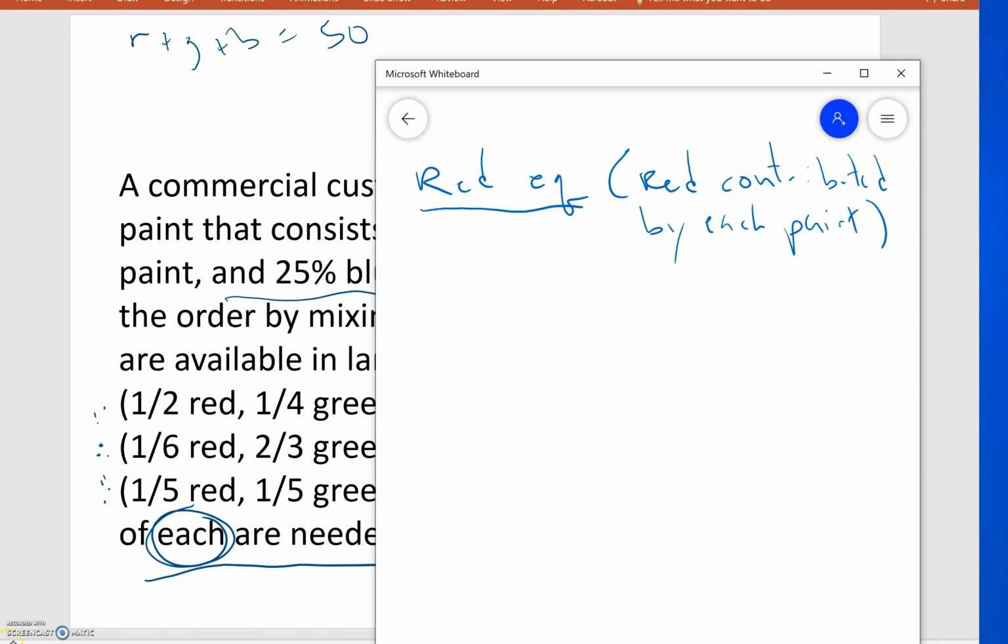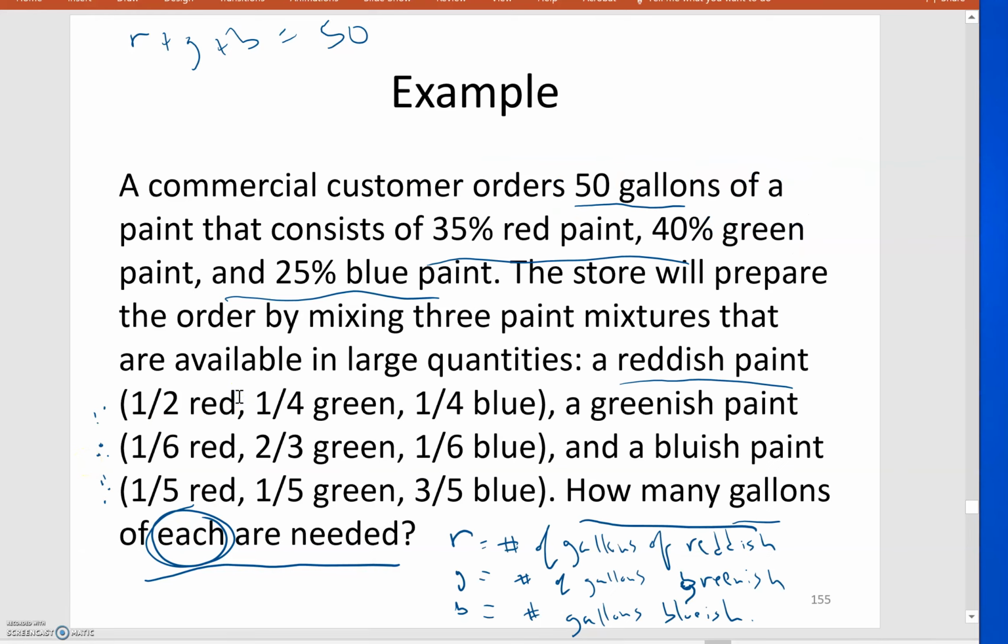When I say each paint, I mean there is red in all of these mixtures. So let me go back to this problem. The greenish has red in it, the bluish has red in it. So we're going to say how much red is contributed by each of them. And then ultimately that needs to give us 35% of 50 to be pure red.